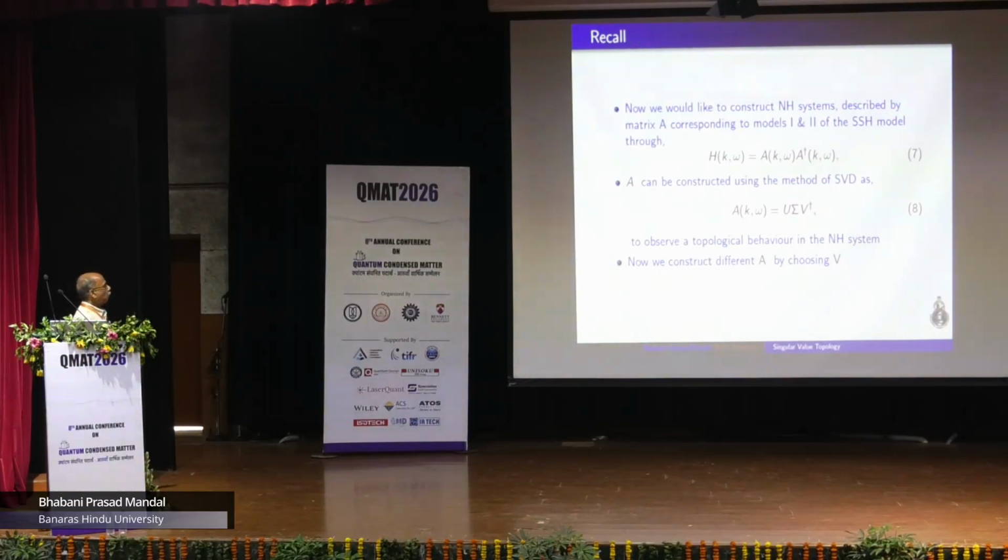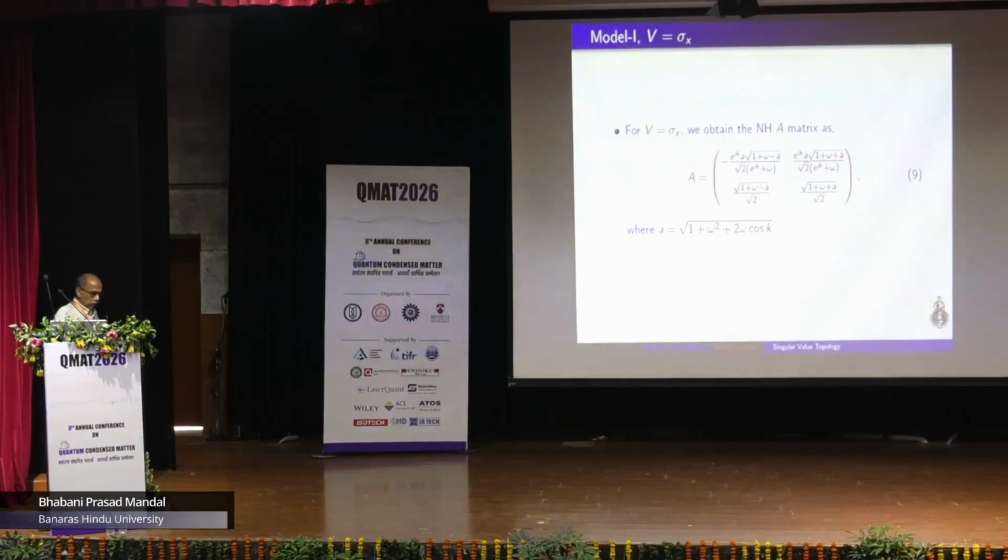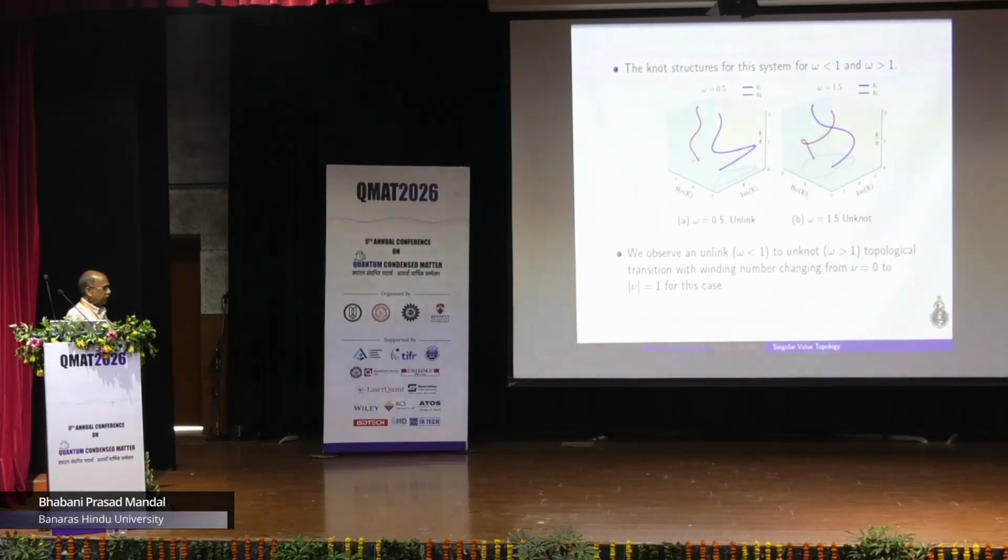Okay, so we have the freedom of choosing infinitely many A's by choosing this V. V is arbitrary. U is of course fixed by this H, but V is arbitrary, so we can have many choices. We have the choices of Pauli matrices as this V. If we consider sigma x as V, we find this non-Hermitian A, and now we find its eigenvalues, and they have a knot transition: they are unlinked for omega less than 1, and for omega greater than 1, they have an unknot.